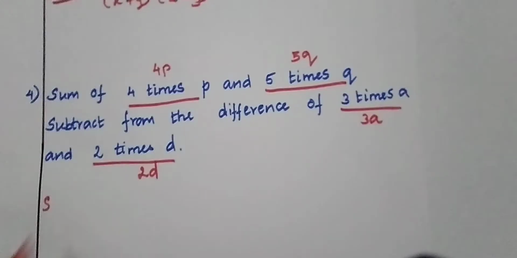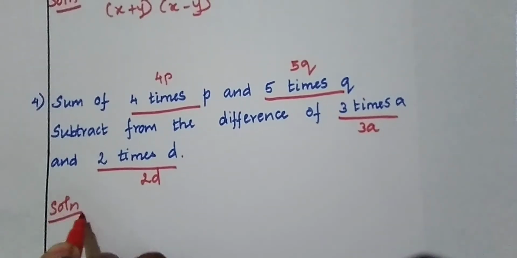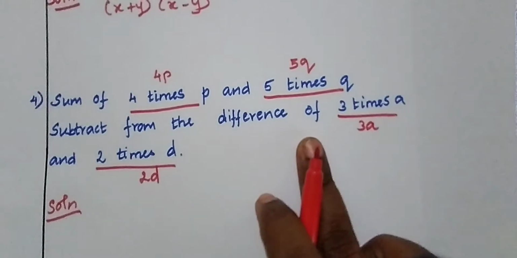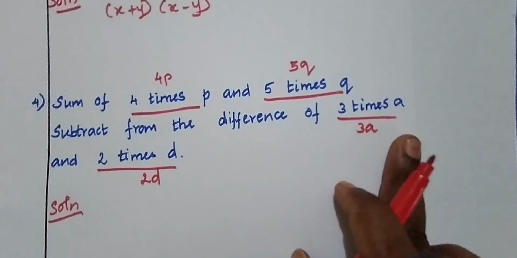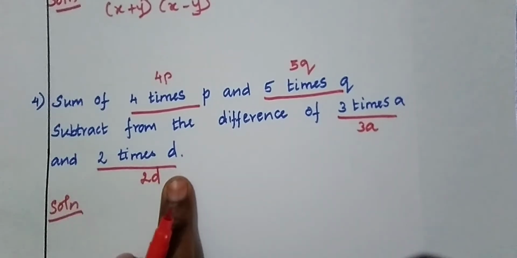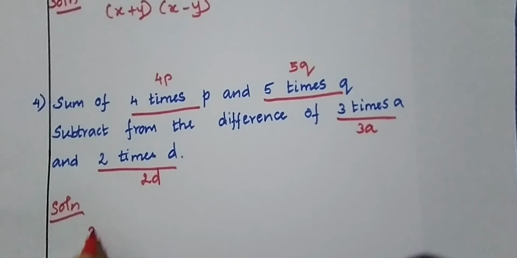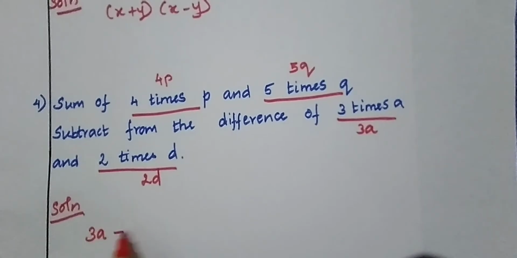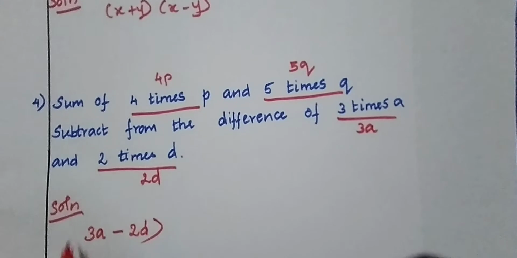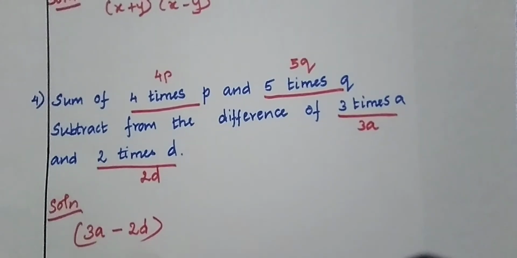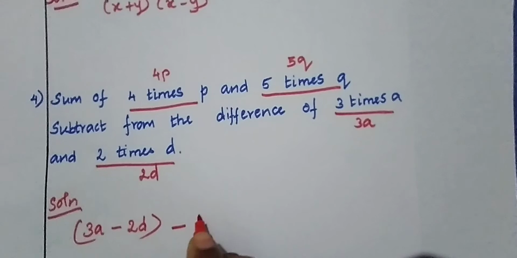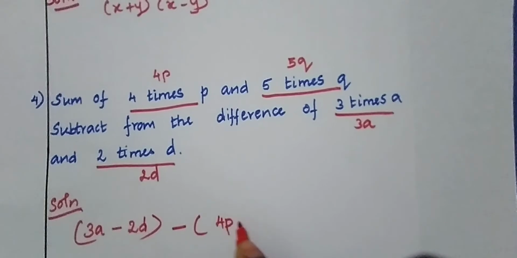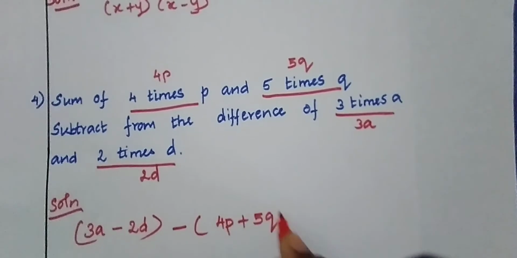So first you have to write a difference of 3 times a and 2 times d. This is the difference of 3 times a and 2 times d. You have to subtract the sum of 4 times of p and 5 times of q.